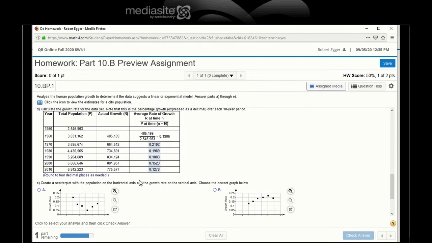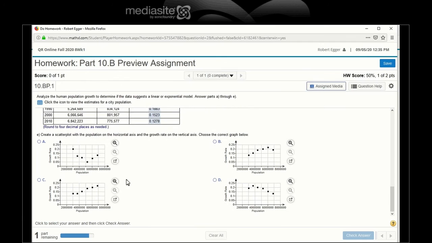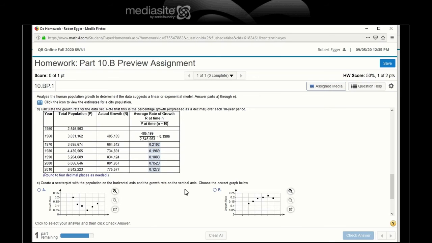Create a scatter plot of the population on the horizontal. Okay, my horizontal looks good. And growth rate on the vertical axis. So let's see. Looks like we were going to do the trend here. 0.19, 0.2, increased. Then it went into a steady decrease with a big dip. So from 1970 it increased and then steadily declined.